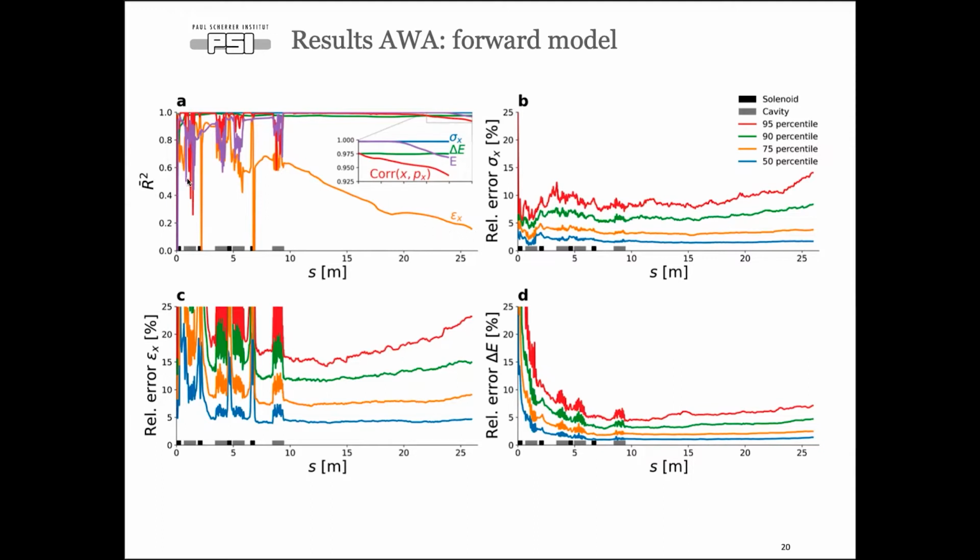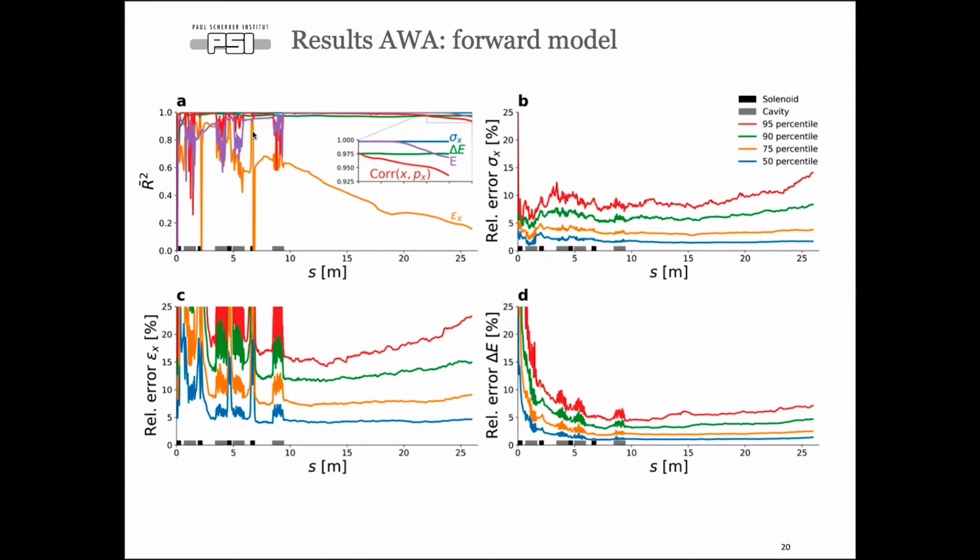And here you can see, first of all, the coefficient of determination, and here the relative prediction error at 95% confidence on the test set for some quantities.